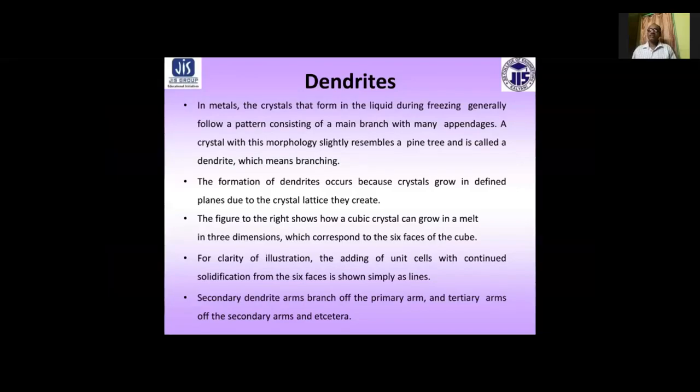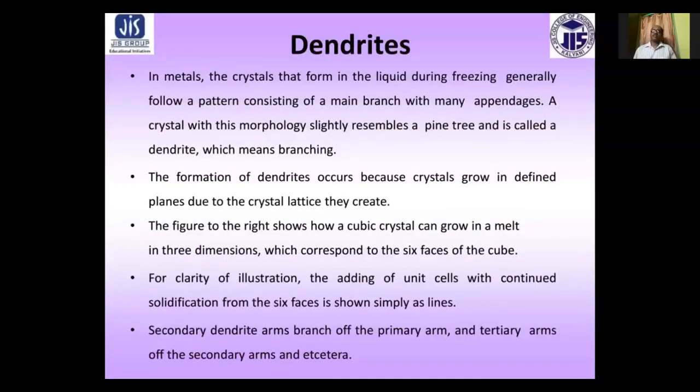Next, dendrites. In metals, the crystals that form from the liquid during freezing generally follow a pattern consisting of a main branch with many appendages.